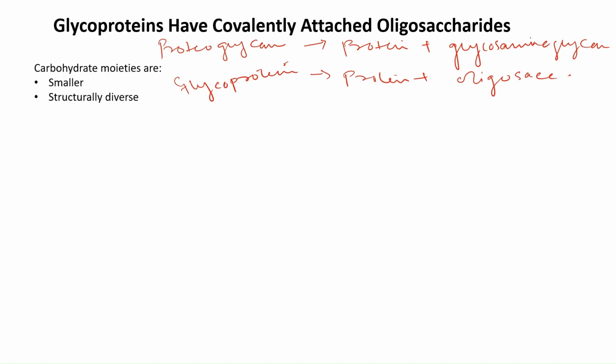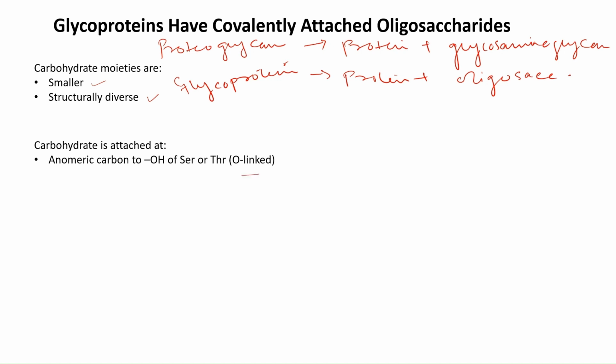So the difference between glycoprotein and proteoglycans, apart from the carbohydrate type, is that the carbohydrates are smaller and structurally diverse in glycoprotein compared to proteoglycans. Now the carbohydrate which is attached with the protein in glycoproteins is either O-linked or N-linked.